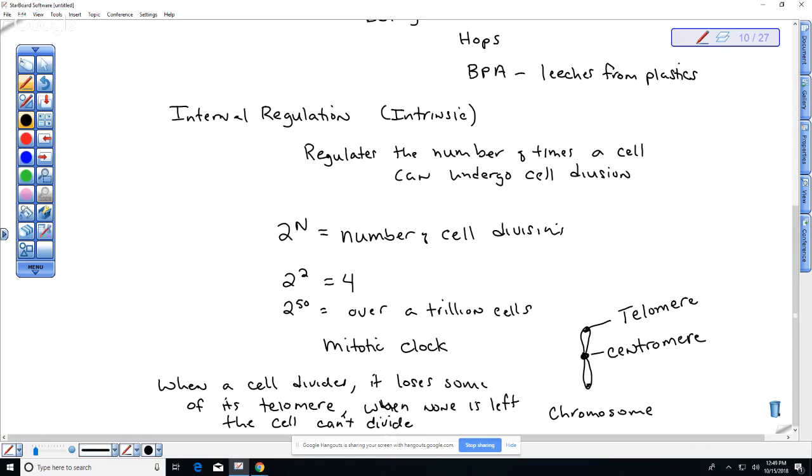So something interesting has appeared when we look at people of different ages and their telomere length. It seems to be very variable. So if you took 10 50-year-old individuals, they would have different amounts of telomere. So their cellular age, their chromosome age, differs between them. And what they've actually discovered is that certain things cause your mitotic clock to tick down faster.